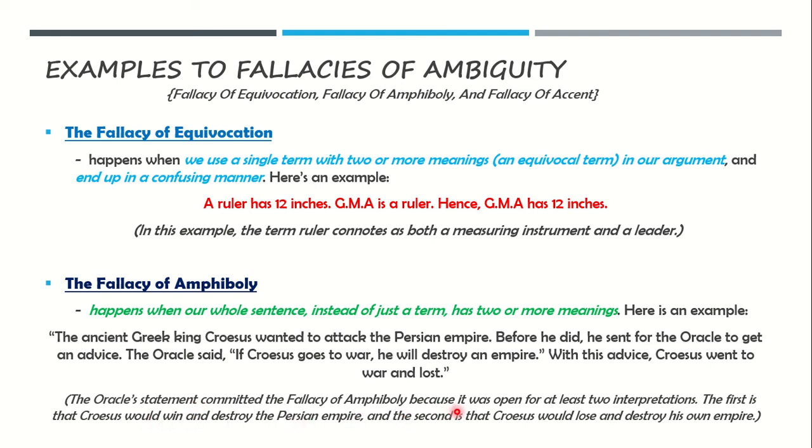And the second one could also be that Croesus would lose and destroy his own empire. So the statement itself has a double meaning, or at least two interpretations.